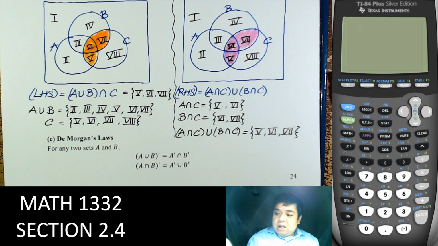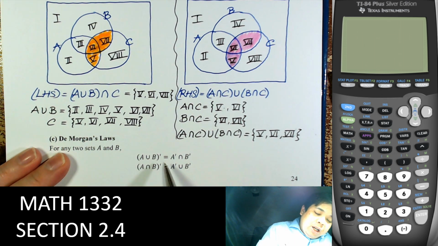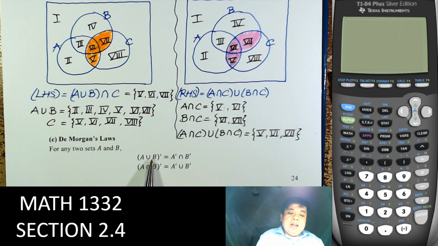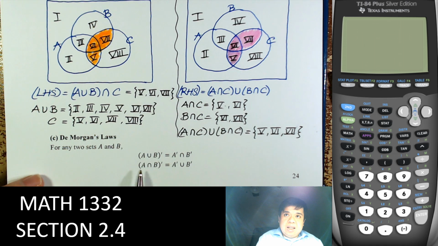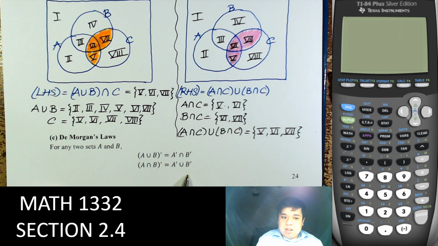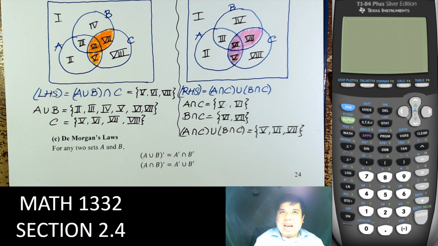What we have next is De Morgan's law. It says the complement of A union B is the intersection of the complements. So the complement of the union is the intersection of the complements, and the complement of the intersection is the union of the complements. Right? A bit catchy there.